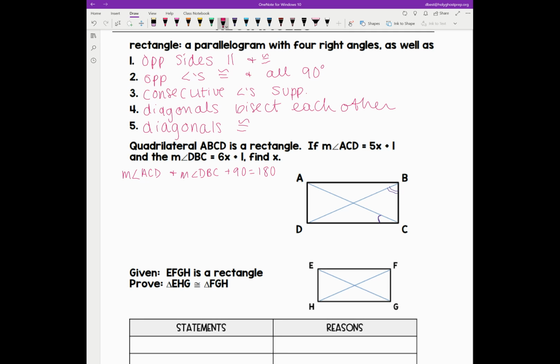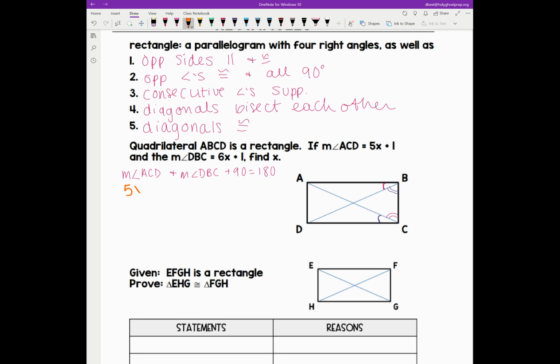Because this little angle ACD is congruent to this little angle up here. And let me mark this a little better. And the angle DBC that we already have marked is congruent to this big angle down here. And all of that together has to add up to 180. So that's the equation we can use.